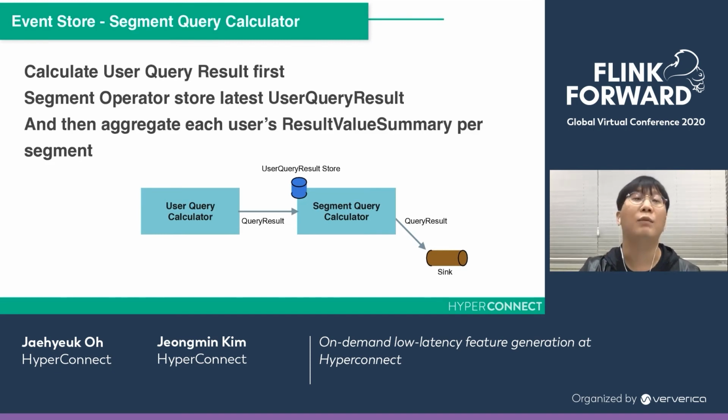So, the segment query calculator collects the query results of users belonging to the segment and then periodically calculates with the users' latest active results. Equally important is the filtering of inactive users. So we filter the user if the last event's timestamp passed 30 minutes, like the session division criteria.